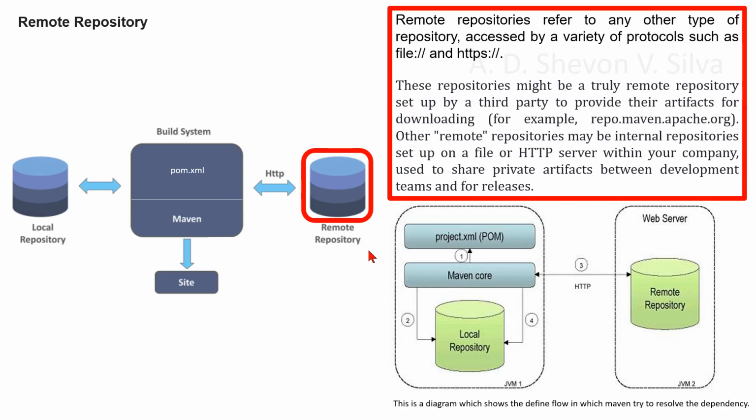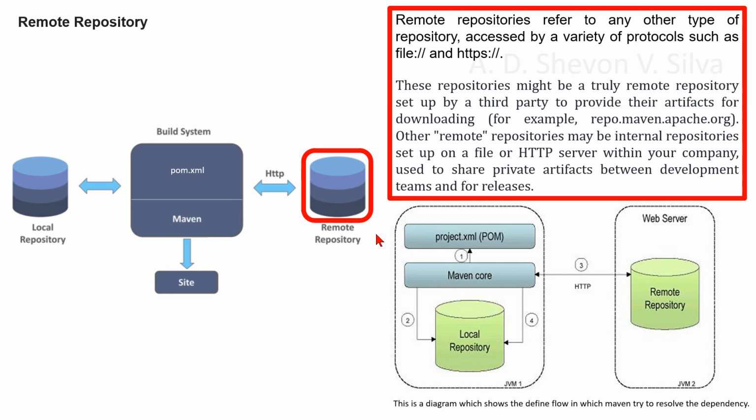Now we are focusing on the remote repository. Remote repositories refer to any other type of repository accessed by a variety of protocols such as file:// and https://. These repositories might be a truly remote repository set up by a third party to provide their artifacts for downloading.